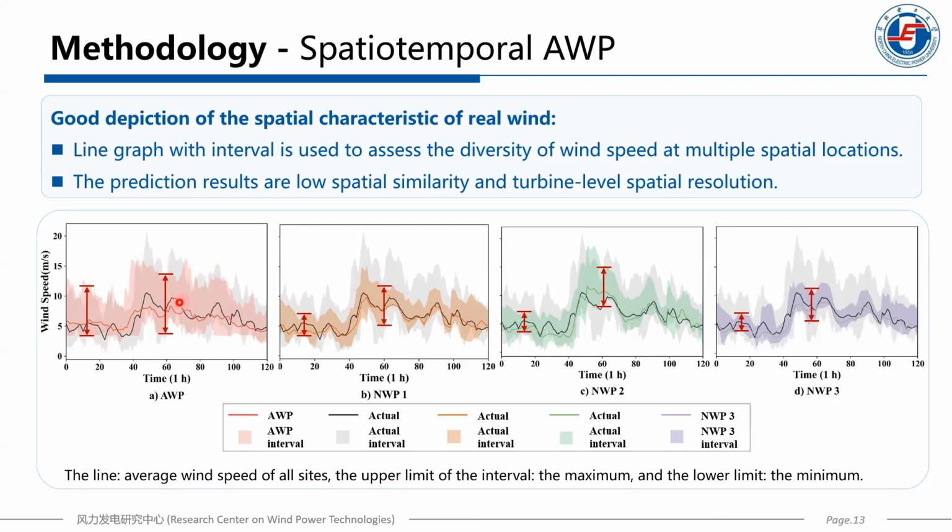The AWP does not perfectly fit the range of the real situation, but it is wider than the NWP, which means it could show the spatial characteristic of the real wind more accurately than the others.